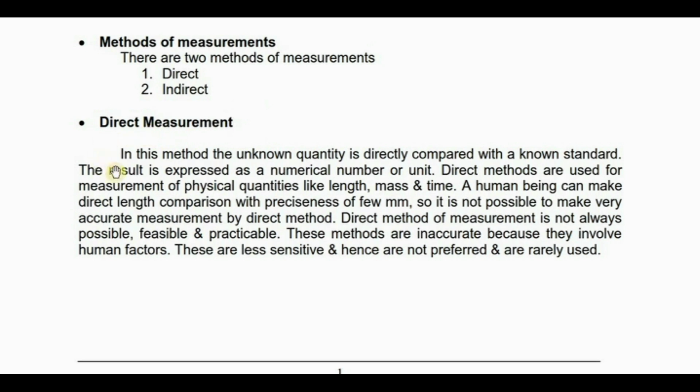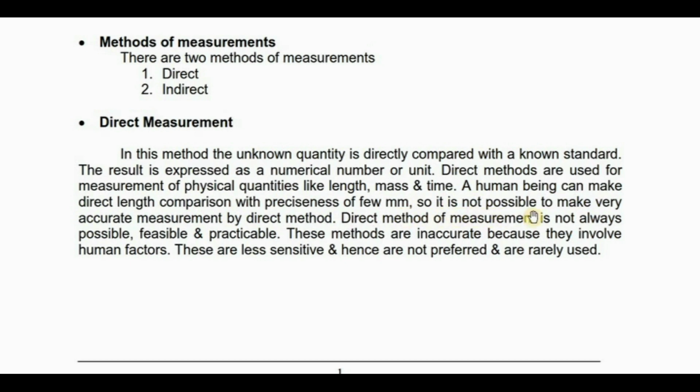What has been said here is that in the direct method, the unknown quantity is directly compared with the known standard. The result is expressed as a numerical number or a unit. Direct methods are used for measurement of physical quantities like length, mass, time, etc. A human being can make direct length comparison with preciseness of a few millimeters.